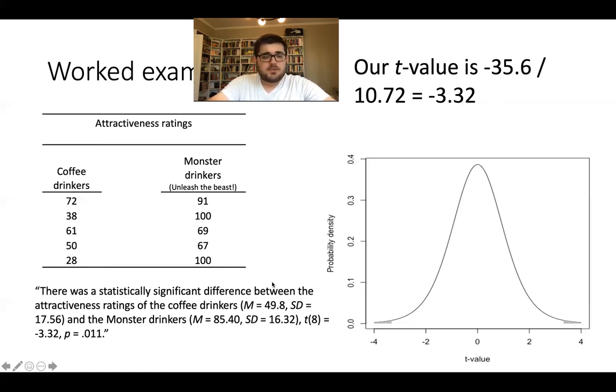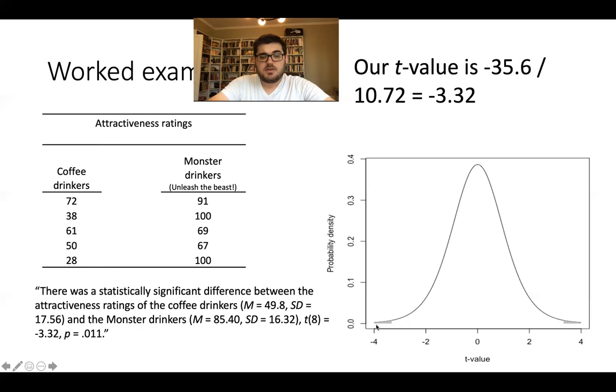But basically, after we've got our t-value, 3.32, we ask, what's the probability of observing a negative 3.32 or lower, that's this shaded in area right here, and what's the probability of observing a 3.32 or higher? That's the shaded in area up here.